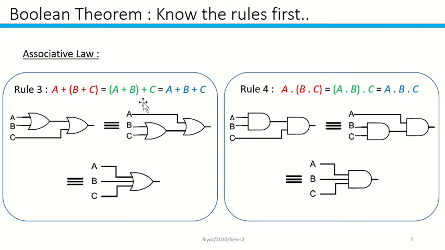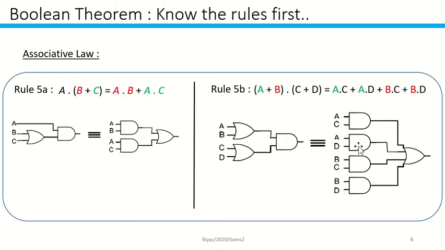Without the brackets, with the 3 inputs A, B, C, you get the same response. The same goes for the fourth rule, but the operation is changed to AND gate. So you have A and B and C over here. This one is the green, this one is the red, and this one is the blue. You get the same output as a result.